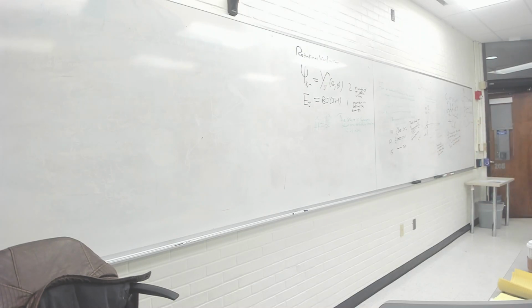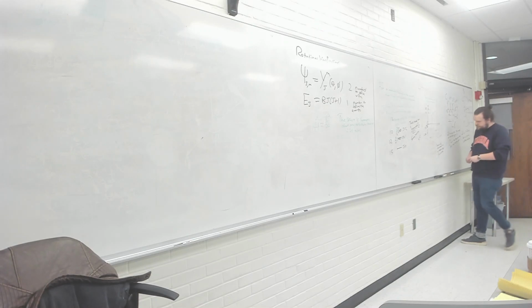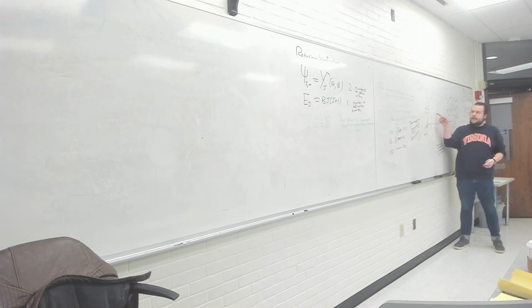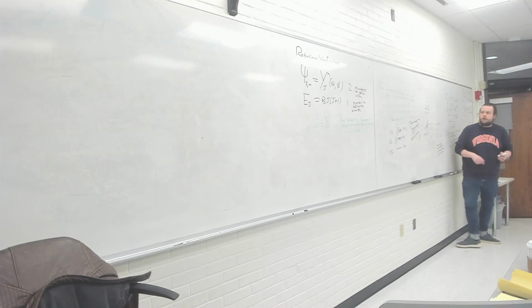So if L sub z is defined explicitly, then Lx and Ly are completely undefined. We lose all information about x and y. In fact, what I'll show is that the angular momentum vector is not a vector at all.